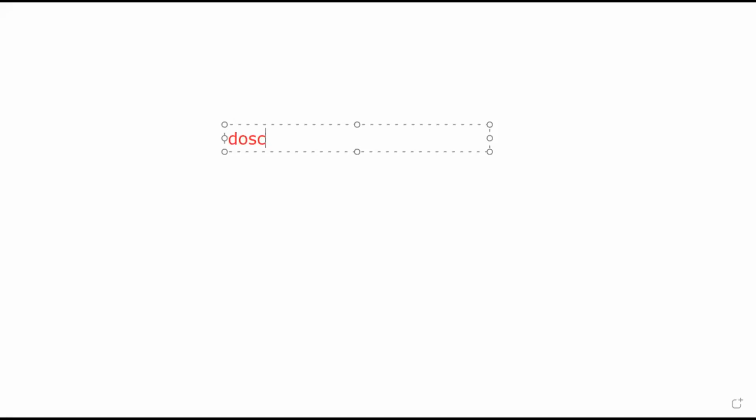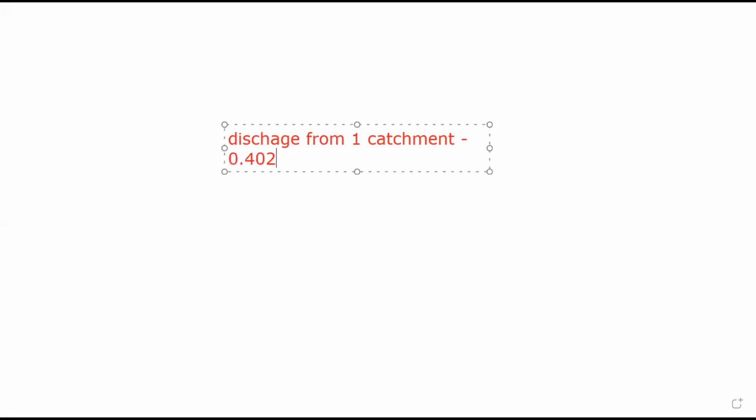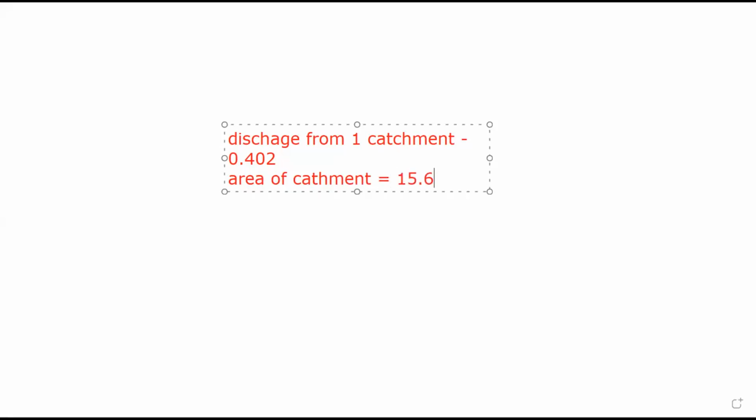The discharge from one catchment is 0.401, while the area of the catchment is 15.63.